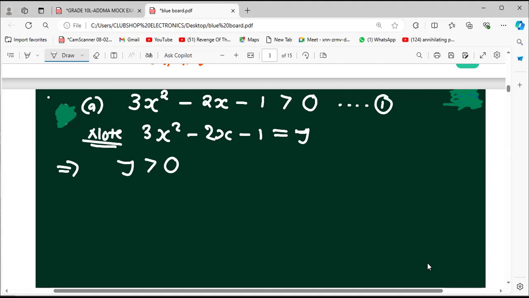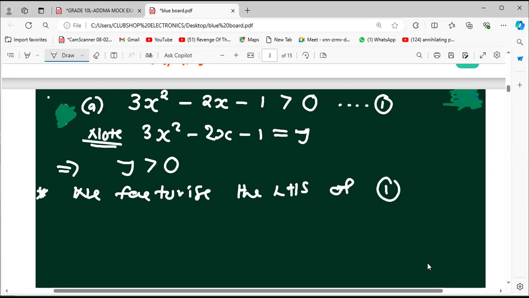So we factorize the left-hand side of 1. All right. Now, what does it imply? You can find the product, A by C, which is 3 by -1.